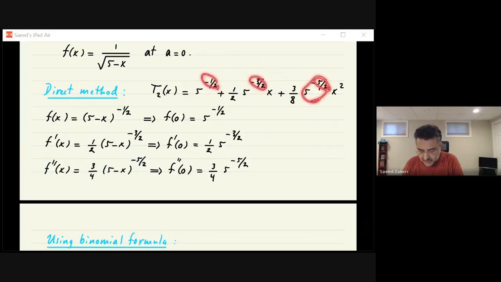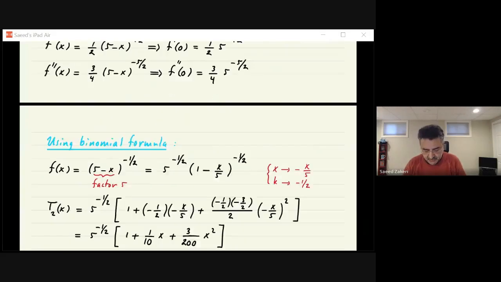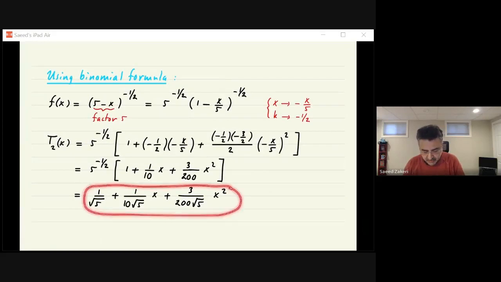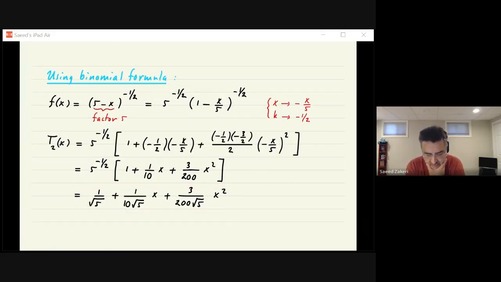But if you replace for these fractional powers of 5, you see that it's the same as this guy, which looks more familiar in terms of root 5. So we had 2 options. Start from scratch, or use the binomial formula. At this level, you may think that they're more or less the same amount of work, but if you had to compute more terms, then definitely the binomial formula, which has a clear pattern, would be much easier.